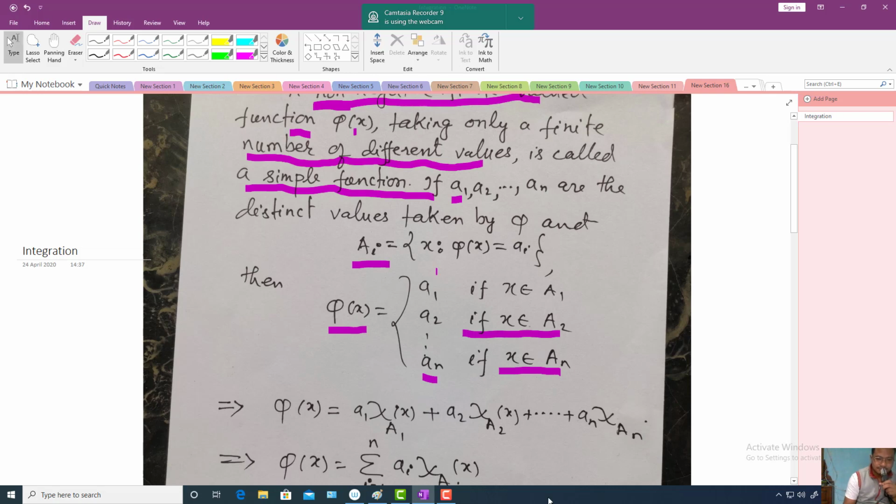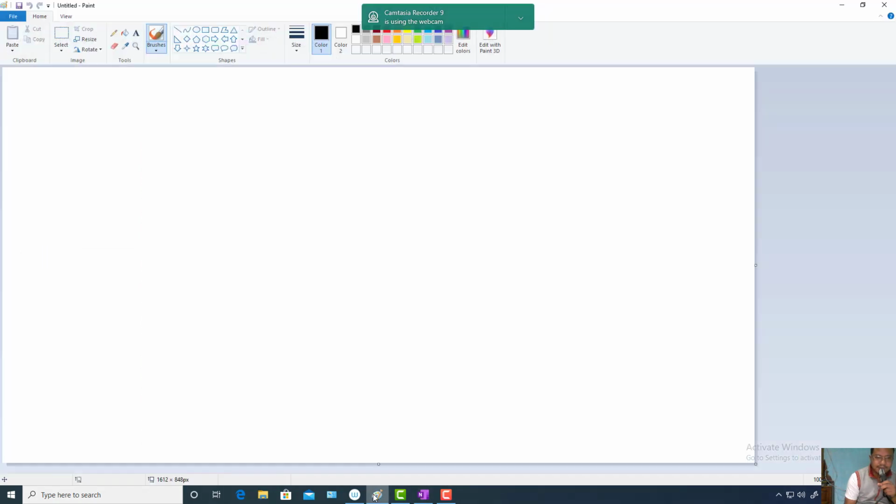Generally, a function can take infinitely many values. Suppose f is a function defined from R to R, and the function has a graph like this.